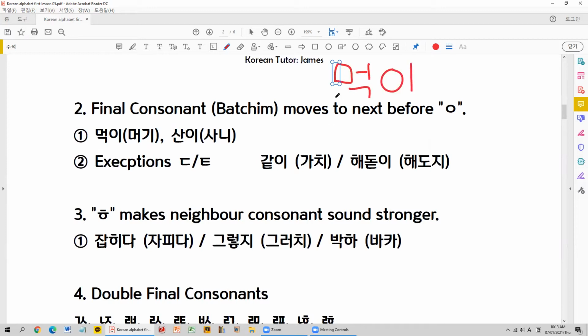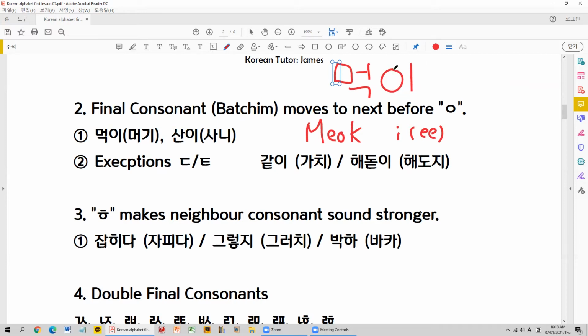The first character starts with M and a vowel sound, and then a G sound, but the final consonant is a K sound. And the next one is the E sound. So if I ask you to read, you would probably read mak E. So it's very hard to read.